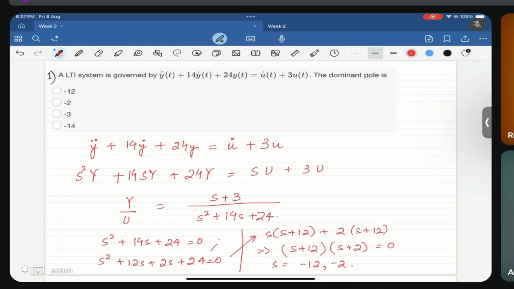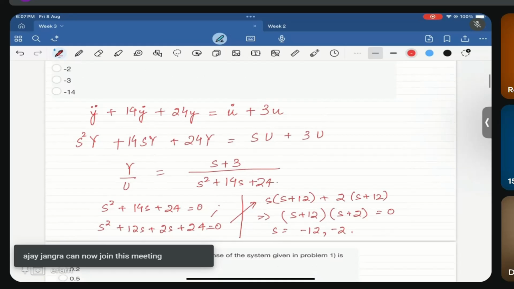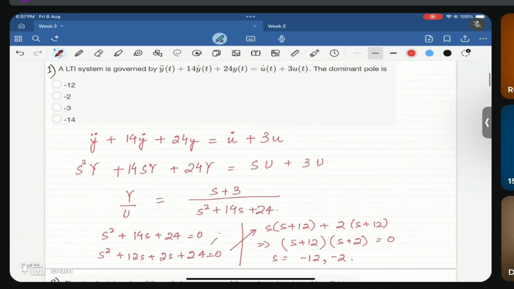Now which among these is the dominant pole? First, what do we mean by dominant pole? Dominant pole means the pole whose effect in the response of the system is dominant.